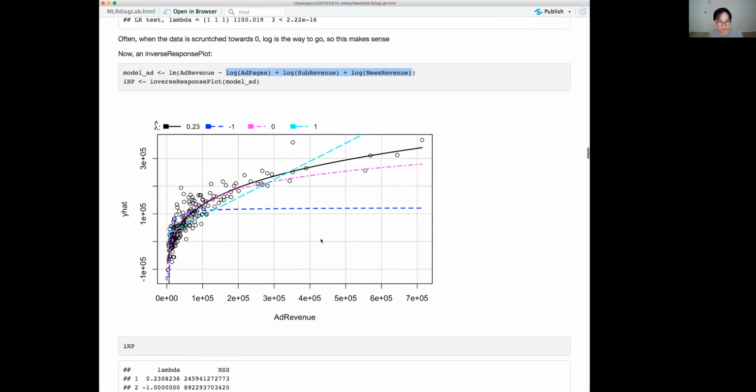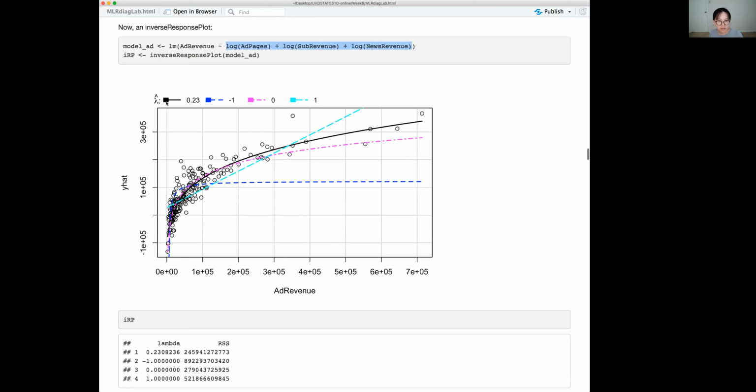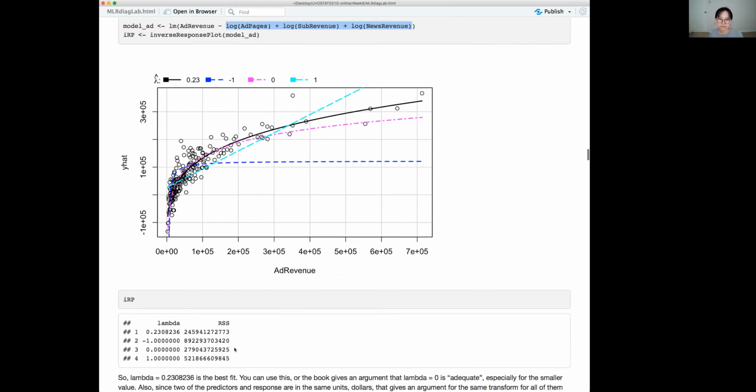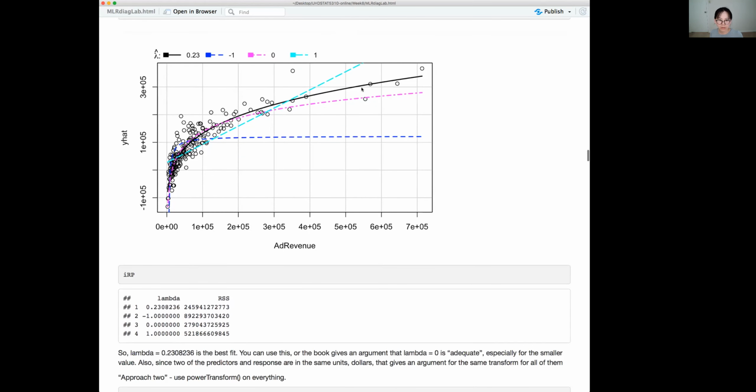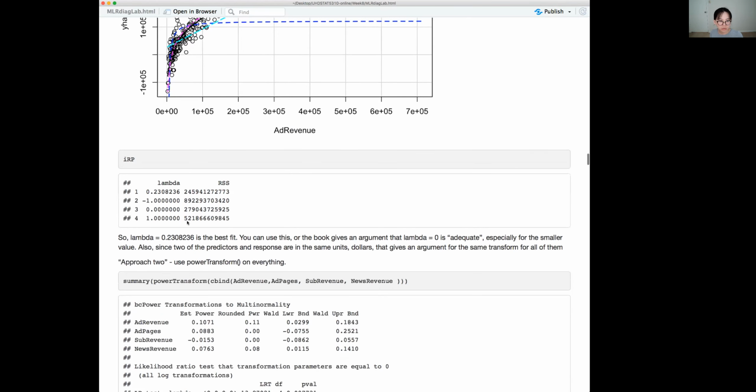This inverse response plot suggests a lambda hat of 0.23. This black curve fits pretty well, right? Lambda hat being 0.23, you can do y to the power of 0.23.